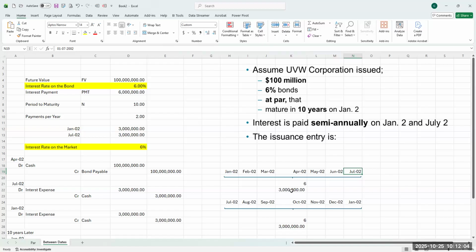But I have to pay him interest for 6 months because that's what it says on the bonds. I have to pay the interest, 6% annual, 2 times, on July 2nd and January 2nd. I cannot change that. So is it fair for him to receive 3 million, which I have to pay, there's no question about it, but I borrowed the money and owe him the money only for 3 months? Is that fair?